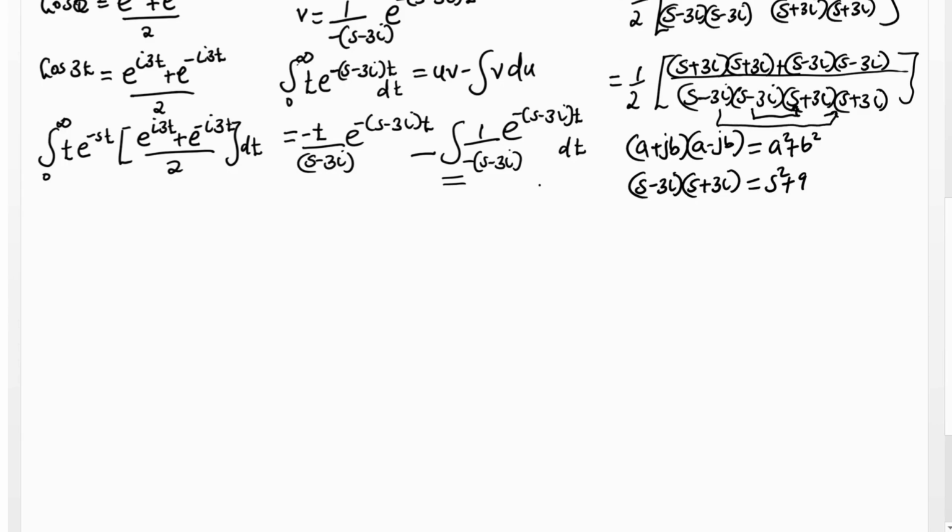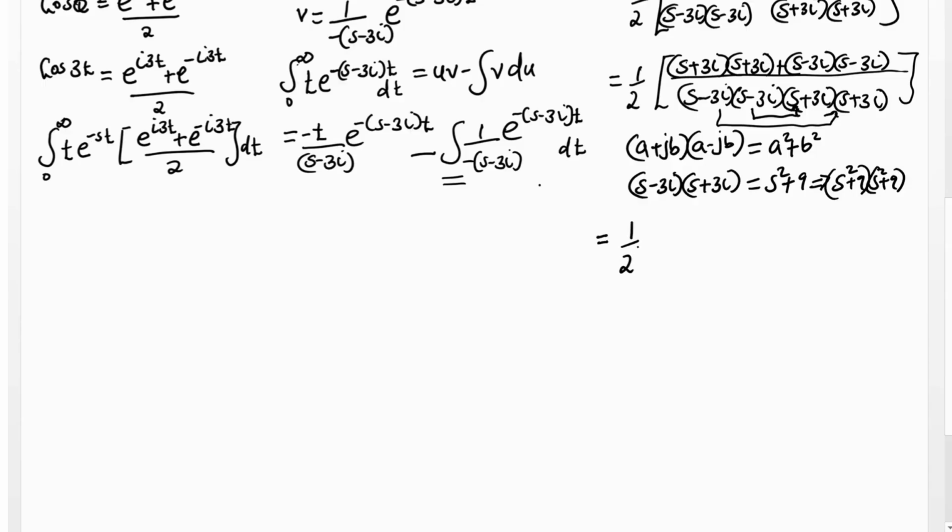So our denominator consists of two conjugate parts, which is s squared plus 9 into s squared plus 9. So that is our denominator.